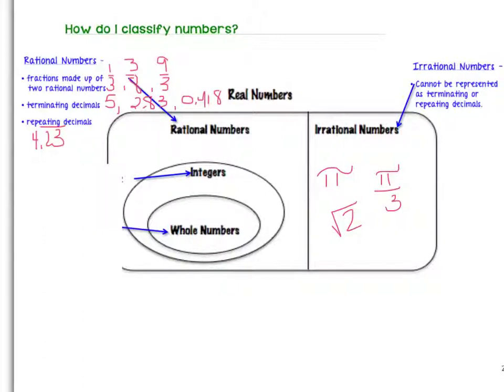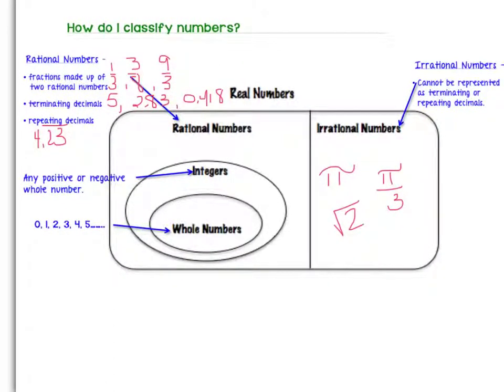So let's go ahead then and talk about how we can classify our rational numbers into smaller groups. All right, so now let's start with the whole numbers. Whole numbers are numbers like 0, 1, 2, 3, 4, 5, and so forth. They have to be positive.